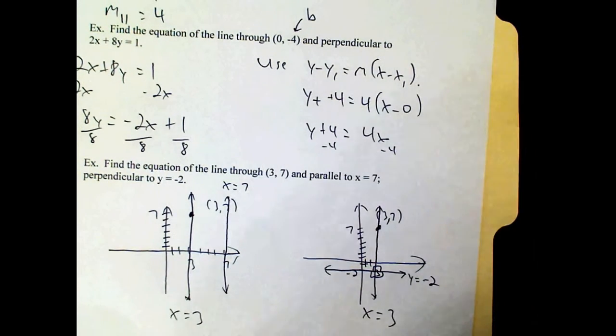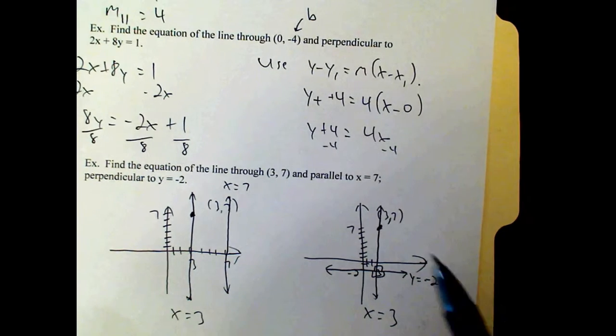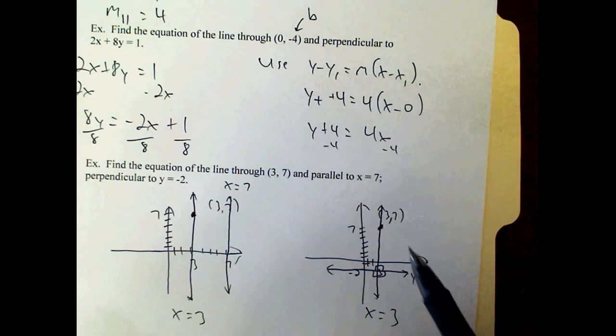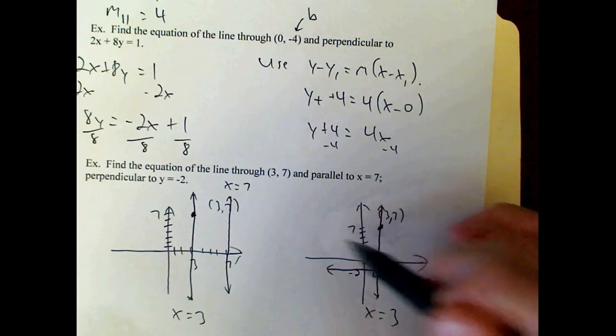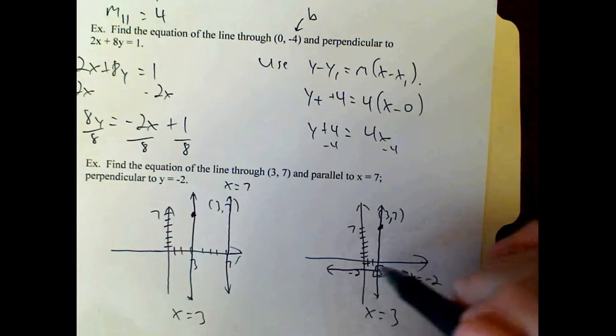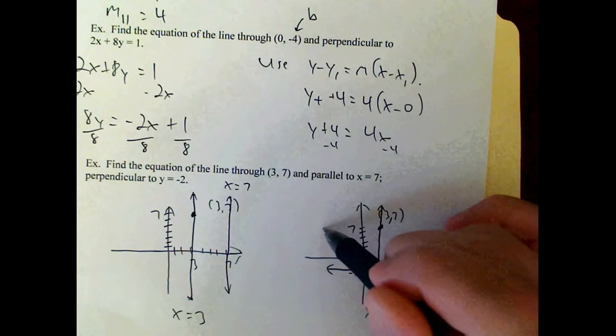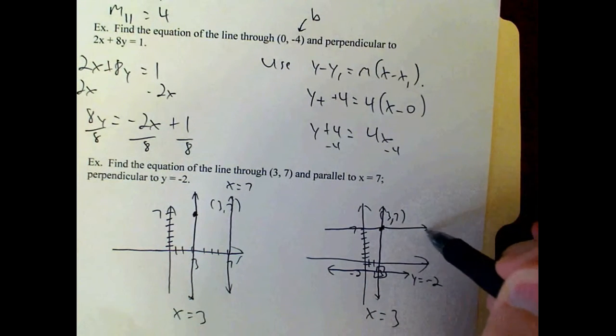What if I had said parallel to y equals negative 2 that goes through that point? In that case, since the question would have been parallel, it would also be a horizontal line, because that's the only line I could draw where it won't intersect this line.